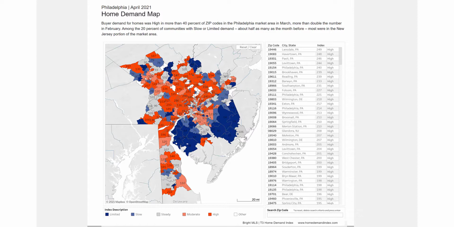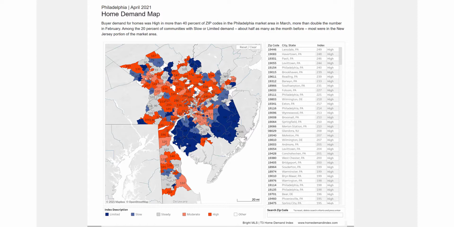If I was coming into a high index area as a buyer, I would need to have the expectation that I'll likely be in a multi-offer situation, and that should inform my offers. And as a seller, I need to prepare myself for potentially an onslaught of showings and a lot of interest if I'm positioned correctly.